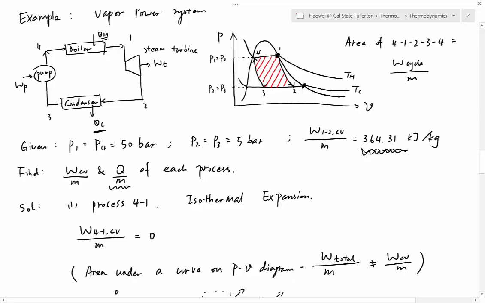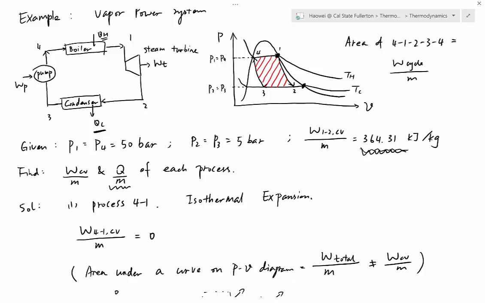Now before you plug in this number, you have to make sure the sign is correct. Like we said, whenever you use first law, you have to double check the sign for work and heat transfer must be correct. So should we plug in a positive 364.31 or a negative 364.31? 1 to 2 is the steam turbine, which generates work. If your system generates work, this number must be positive.